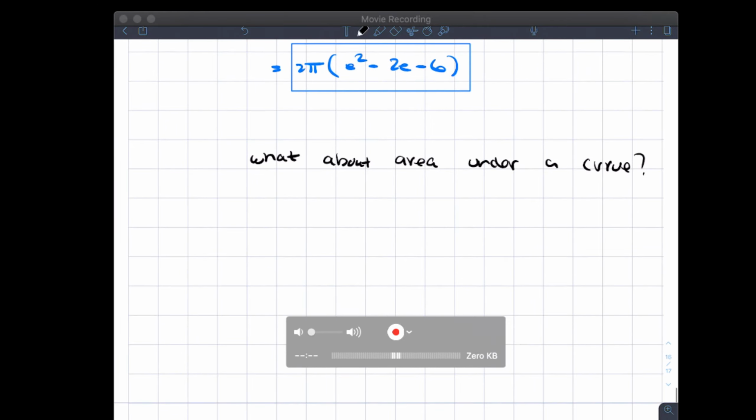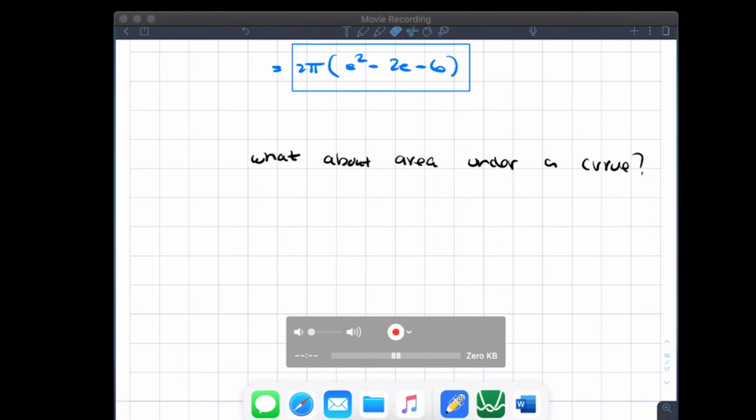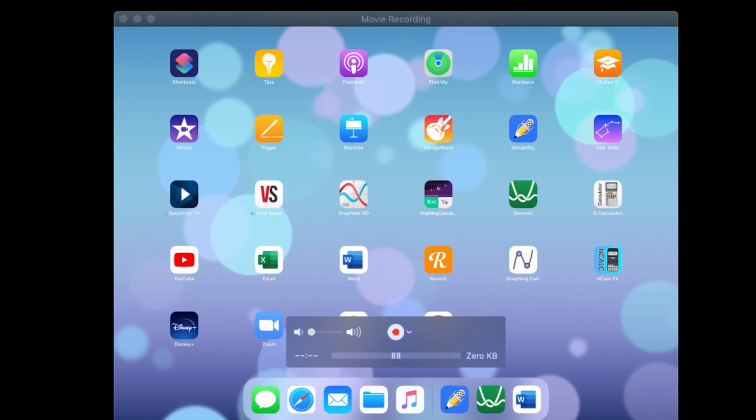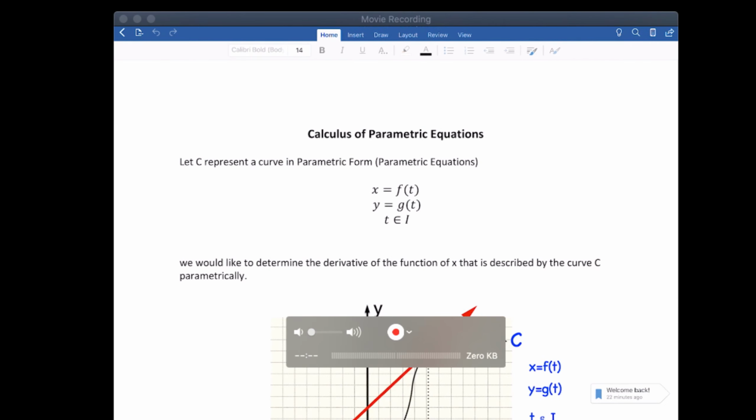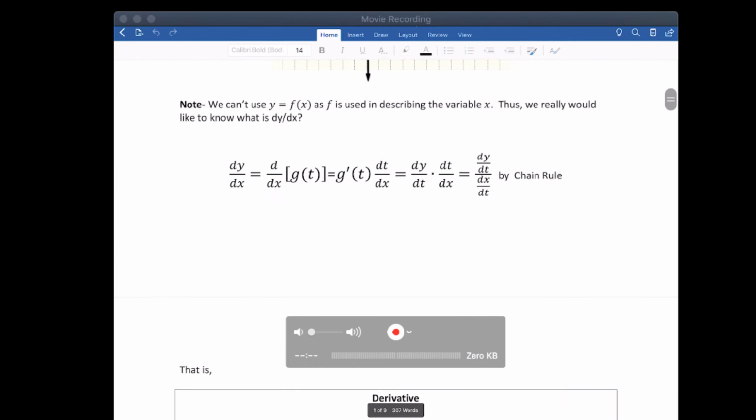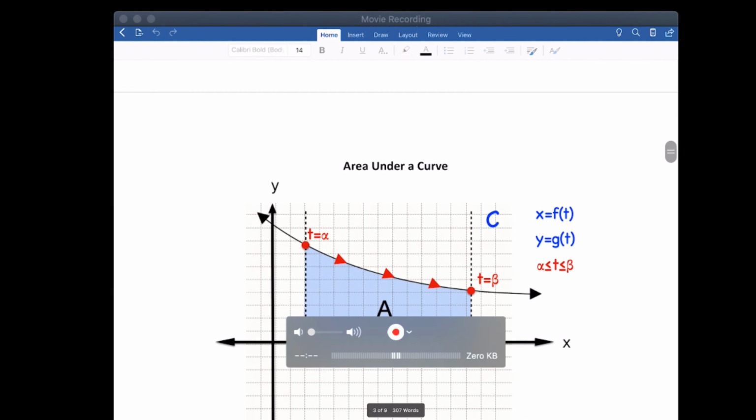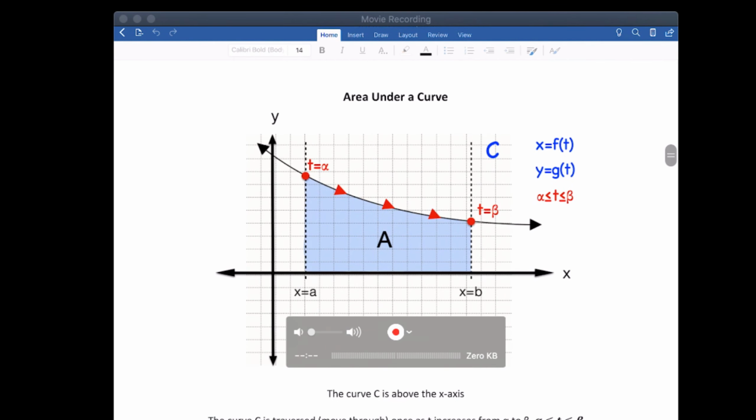Well, I'm going to remind you guys. If I go to my notes, here's where there's something kind of interesting. I talk about area here, and I want to mention this to you. There is a small thing to remember about area under a curve, and that is what we call the orientation.